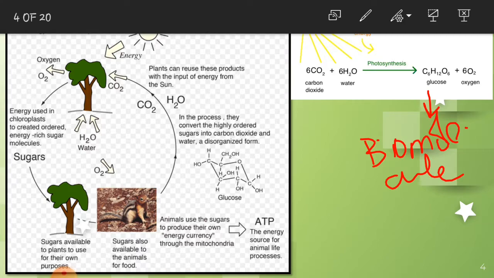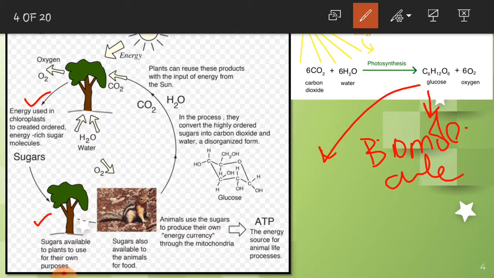So this means that the energy used in the chloroplast is basically employed to create ordered energy-rich sugar molecules. And what is that energy-rich sugar molecule? That is glucose. Now these sugars are available to plants to use for their own purposes.